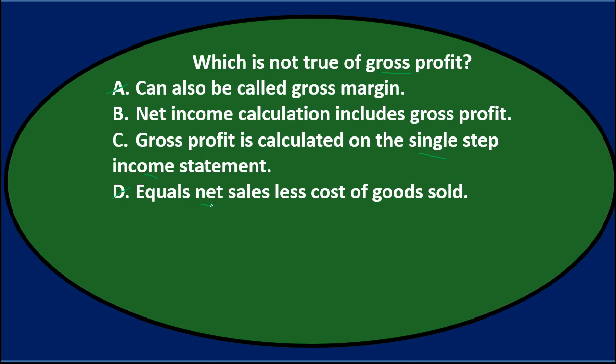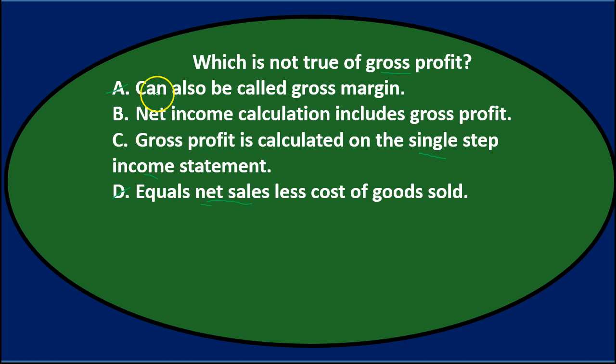Net sales is just going to be the sales or the revenue minus those two contra accounts, which is sales returns and allowances and discounts. So net sales is really sales after these contra accounts, which are really just decreasing or negating the sales that didn't really happen. So gross profit is net sales minus the cost of goods sold. This relationship is hugely important if we are a merchandiser. Therefore, we break it out separately in a multi-step income statement.